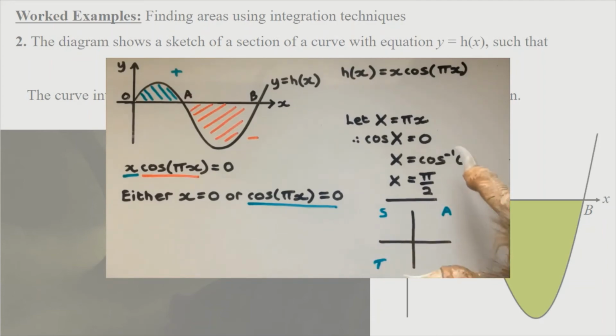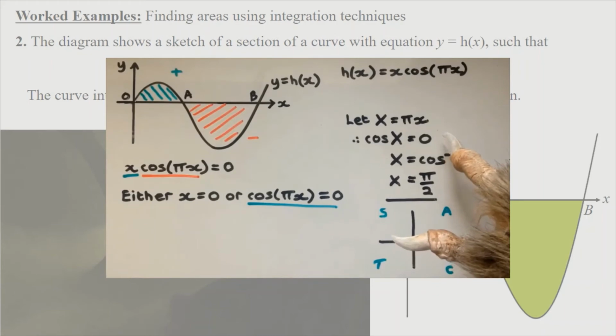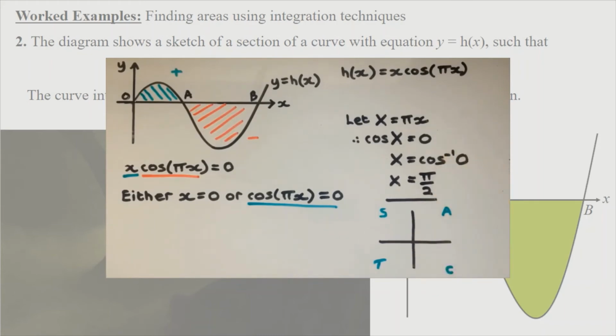But just for the sake of argument, let's assume 0 is a positive value. I mean, we know it's not, but it doesn't really matter. You'll see in a second. And then when I put my angle pi over 2 in the two quadrants where C is positive, so here and here, you'll notice that it would have the same effect as if I'd put pi over 2 into the T or S quadrant. So this is going to return two angles.